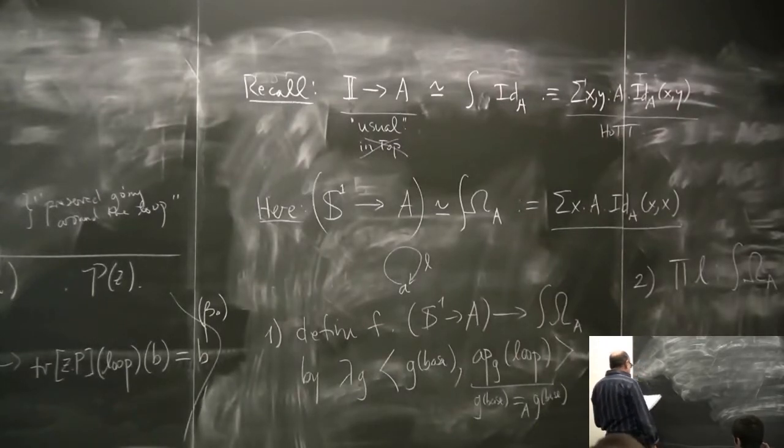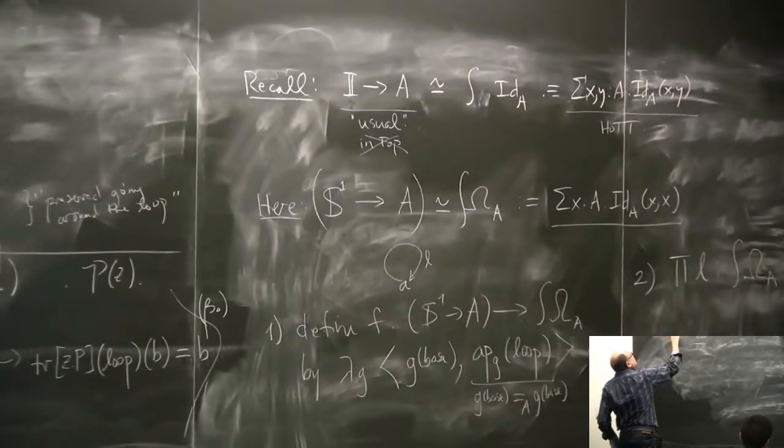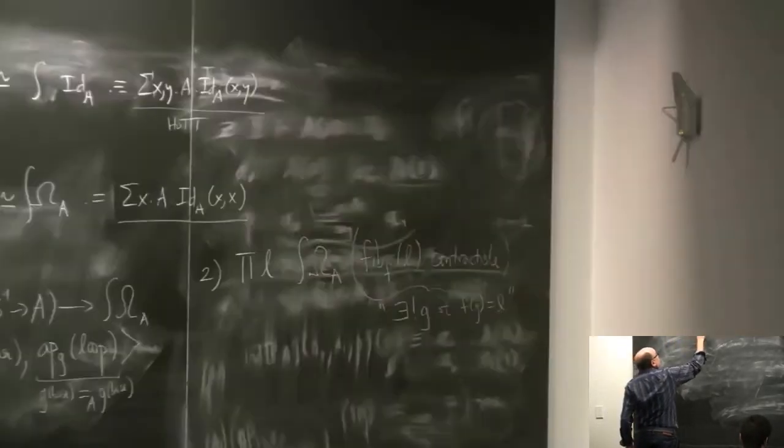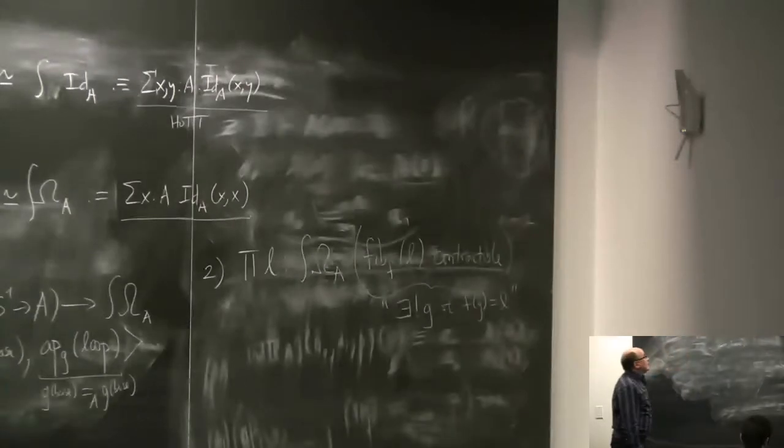So here is the sort of picture. Another picture and definition of S1: if I had just asked you to define S1 in homotopy type theory, maybe you would have come up with this picture. It's just as reasonable as anything else.